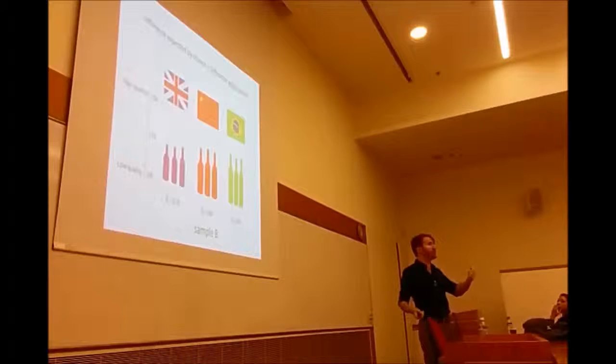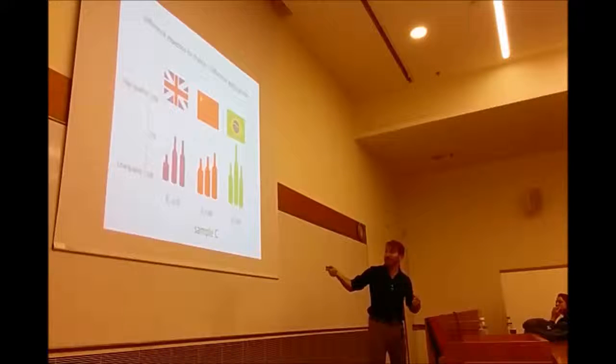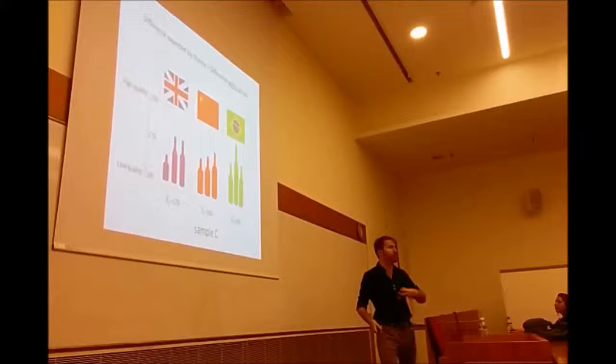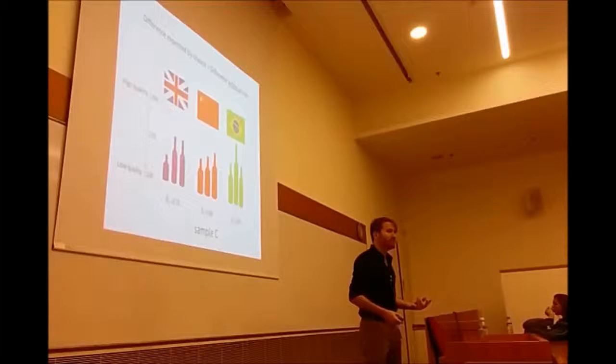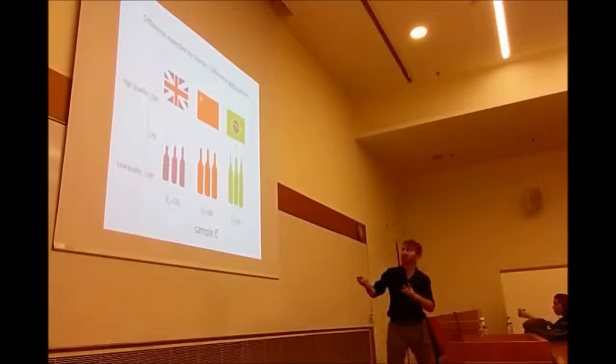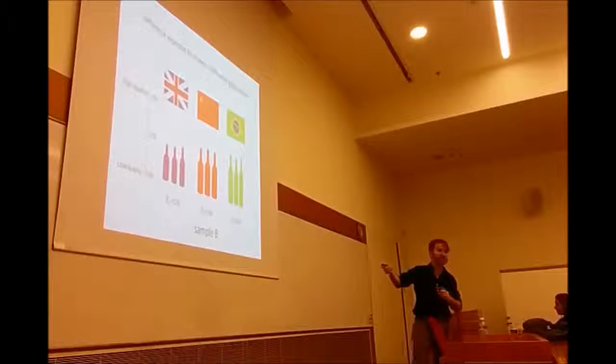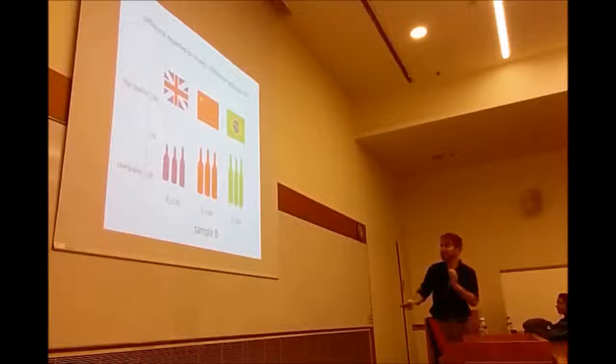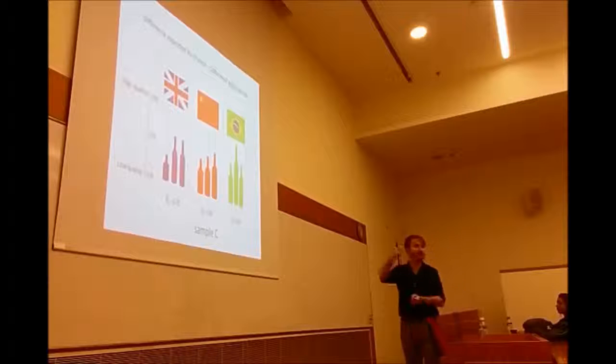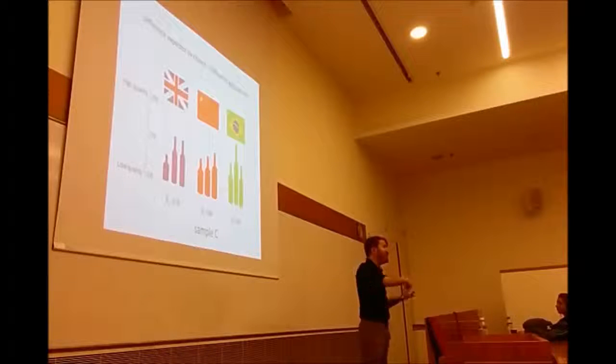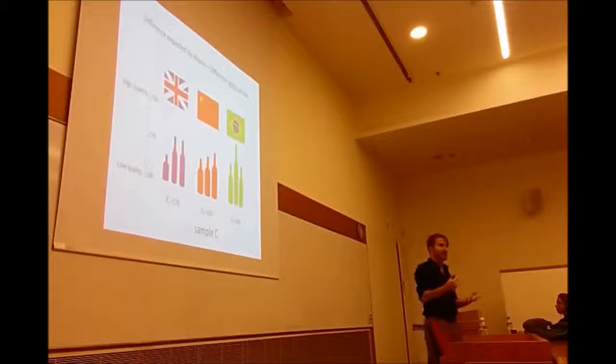Differences between the groups are the same. But in sample C, there's larger differences within the groups. So which one is better? So, B, small differences within the groups. All the samples are consistent, right? In sample C, large differences within the groups. The samples are inconsistent. There's a lot of noise, a lot of chance here.